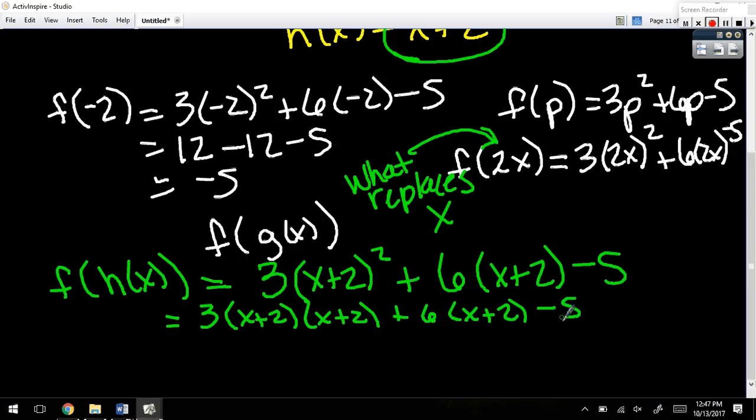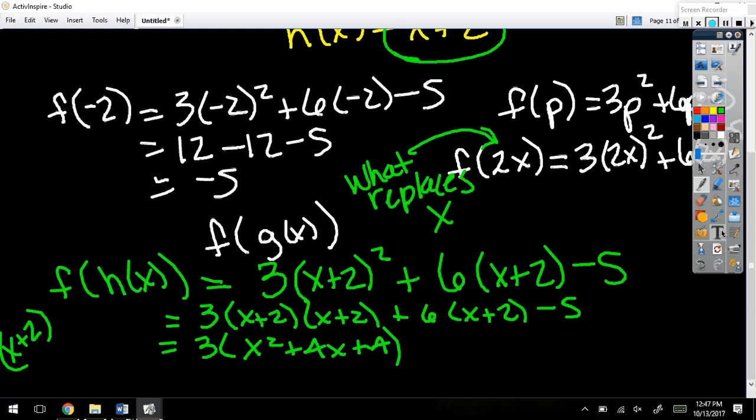All right, let's do it. X squared plus 2x plus 2x is plus 4x. I just skipped a step there. I foiled it out, or multiplied it out.